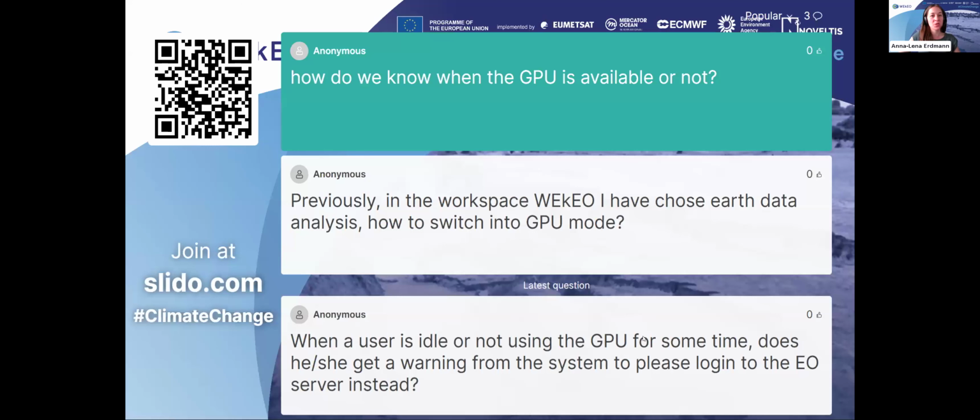At the moment, you will know that the GPU is not available when the server spawning fails, so you will get an error message. There is a help center article on how this error message looks, but it's not really comprehensive at first sight.